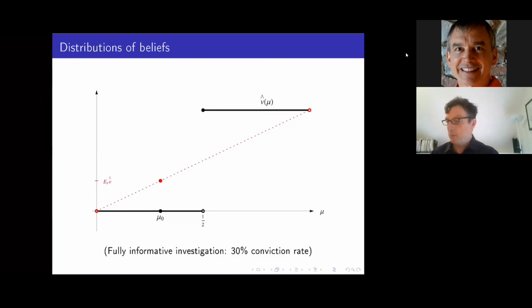What's the expected probability by which we're going to convict the defendant? Well, it's simply 30%. And it's simply the convex combination between these two extreme points, that is equal to the prior, which is the red dot in the middle. So you see that this perfectly informative test can be modeled here, and it's what you just see on the graph.